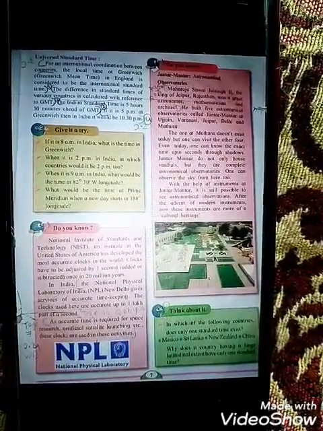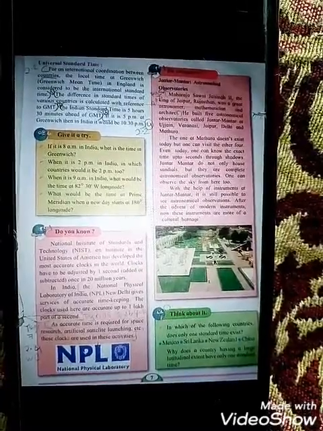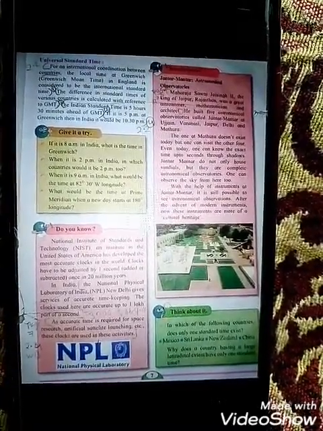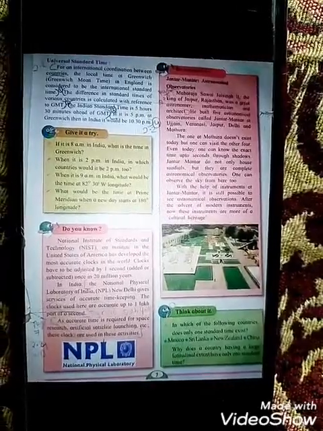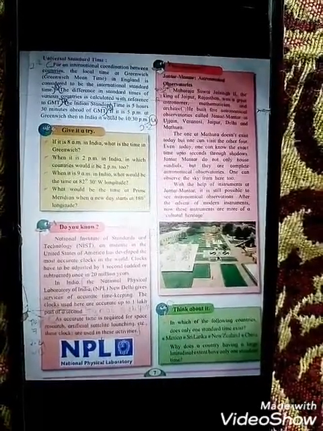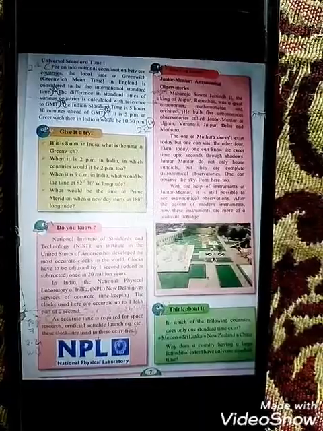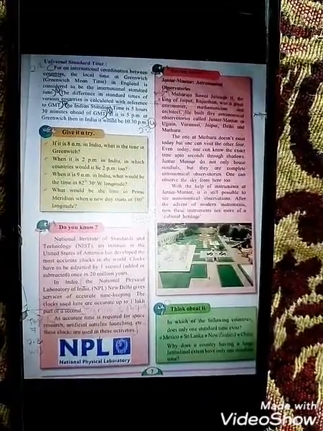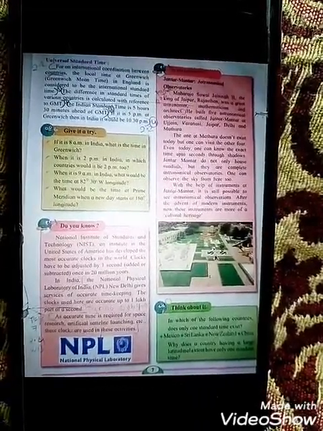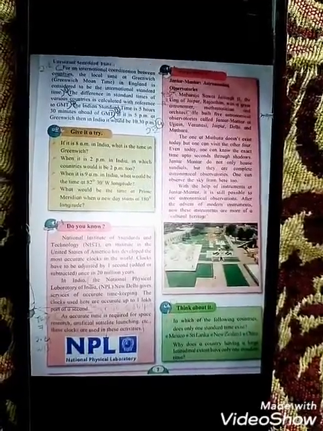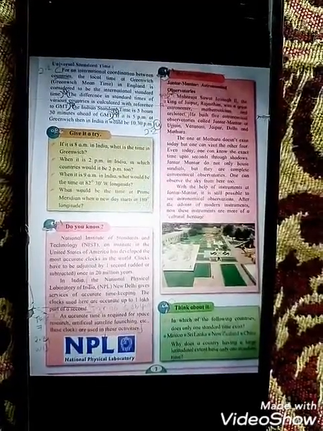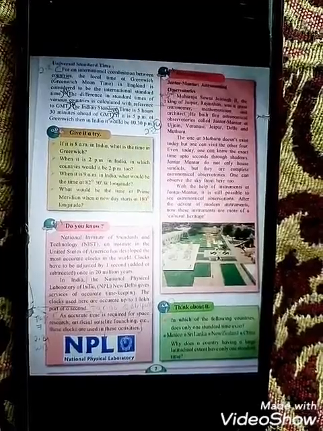He built 5 astronomical observatories called Jantar Mantar, at Ujjain, Varanasi, Jaipur, Delhi, and Mathura. One of them does not exist today, but we can visit the other 4 even today.